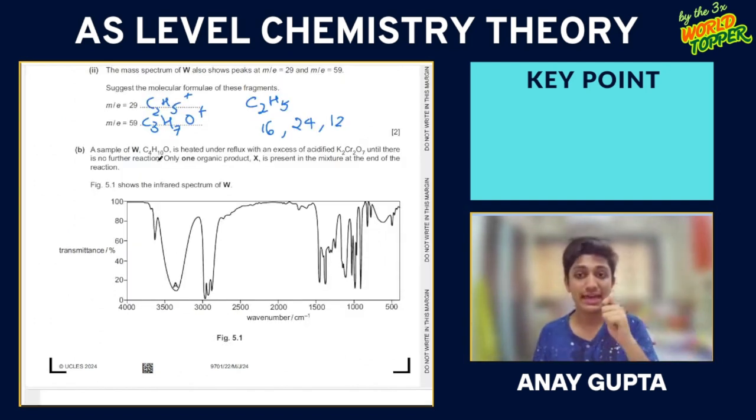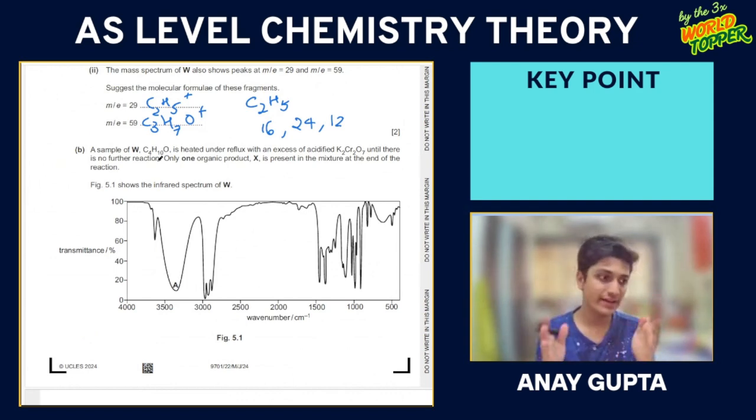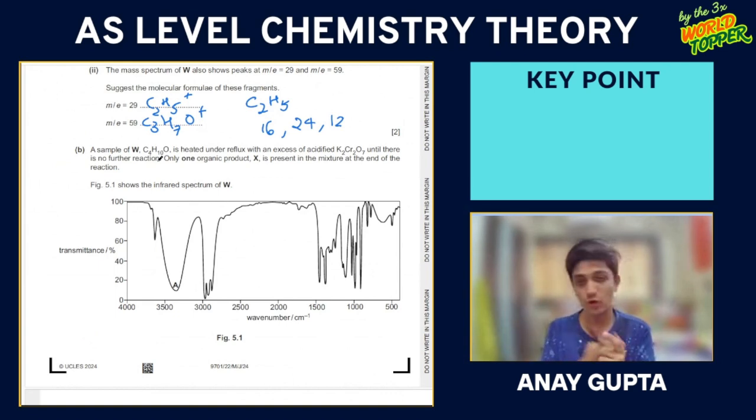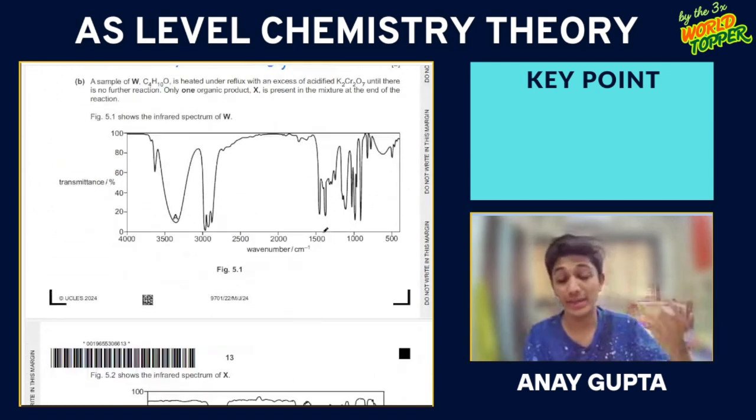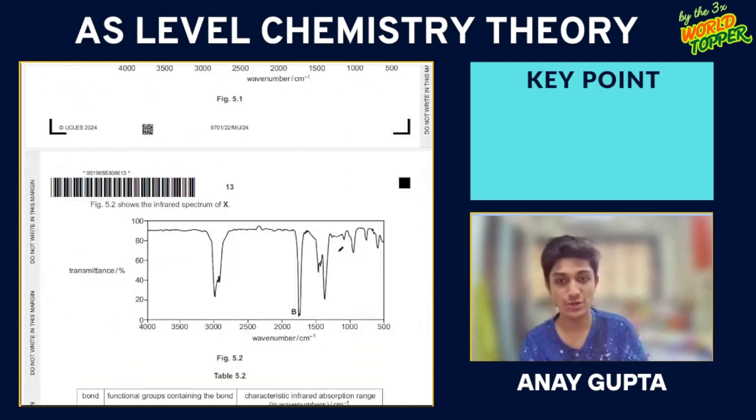Now X is formed after W has been heated with an excess of K2Cr2O7 until there is no further reaction. So my guess is that it depends on whether it is a primary alcohol or secondary alcohol, that will determine if it is giving me a carboxylic acid or a ketone, right?